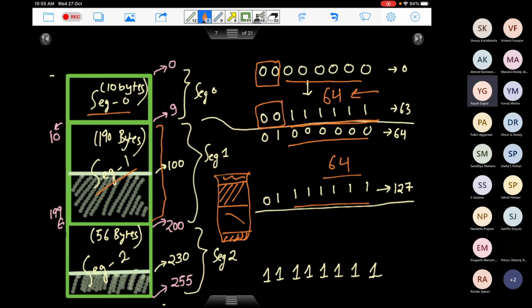And it doesn't cause any additional memory overhead. Why? Because all this increase is happening in the virtual memory. Whatever you are allocating in the physical memory is still the same. We are allocating physical memory only for those parts of your segments which are being used. So if you keep increasing your virtual address space, that is fine, because we are not going to map the entire virtual address space.